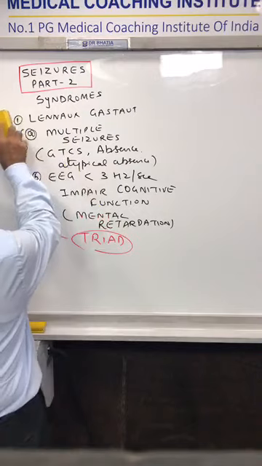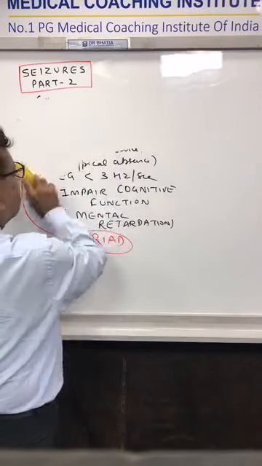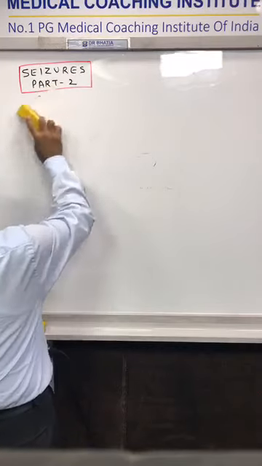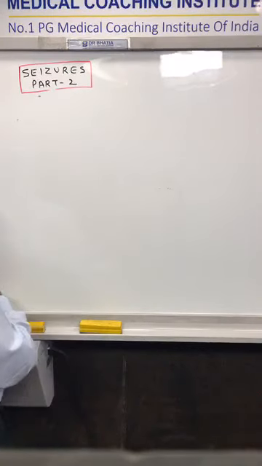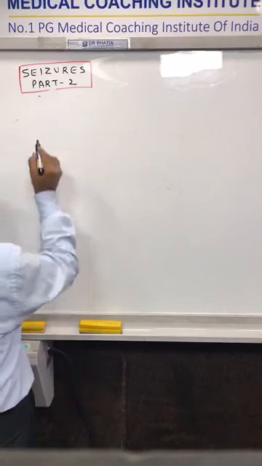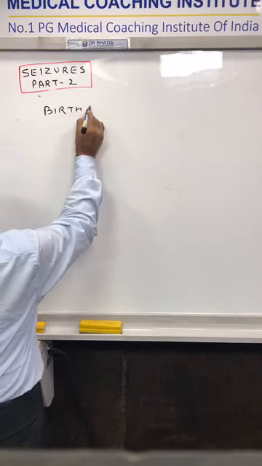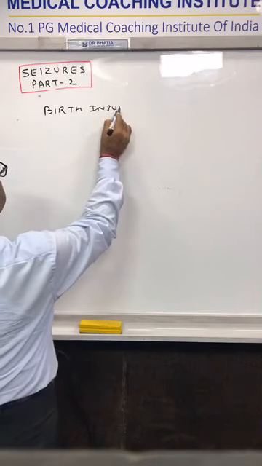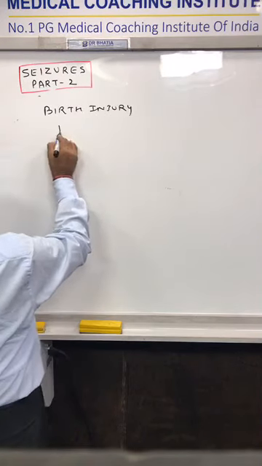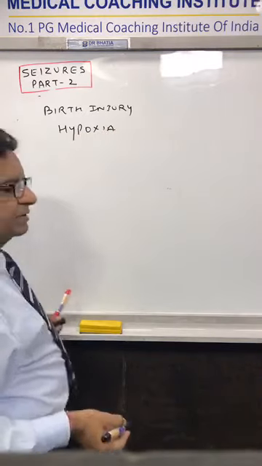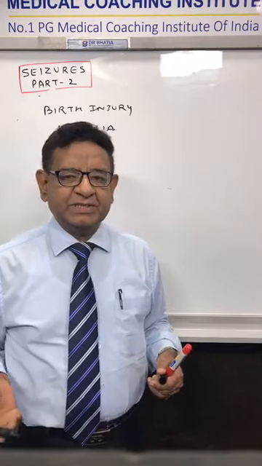And in Lennox-Gastaut, the usual causes which predispose to this condition are birth injuries, like hypoxia, perinatal asphyxia.